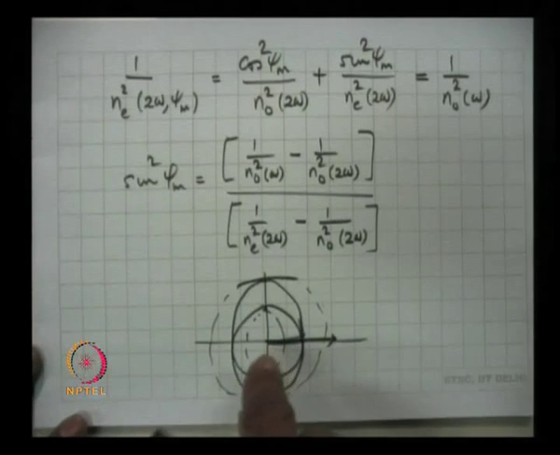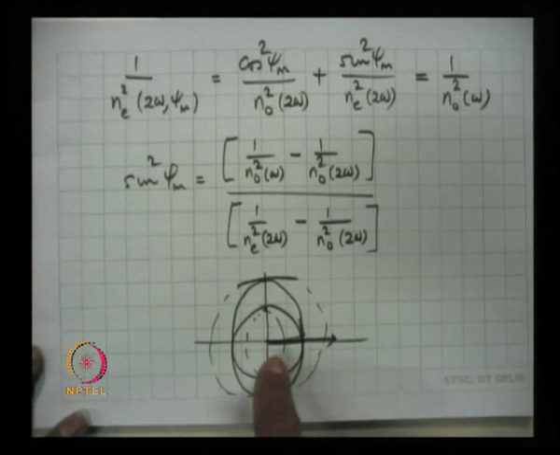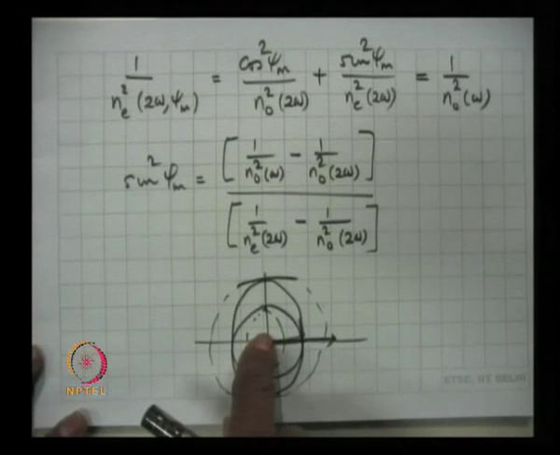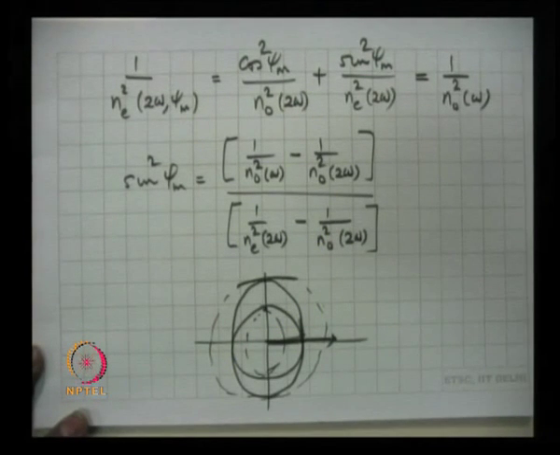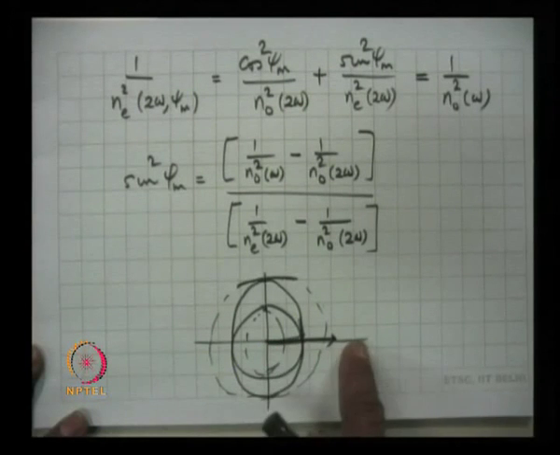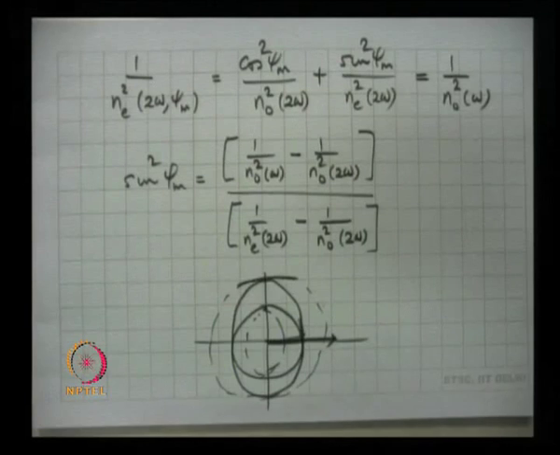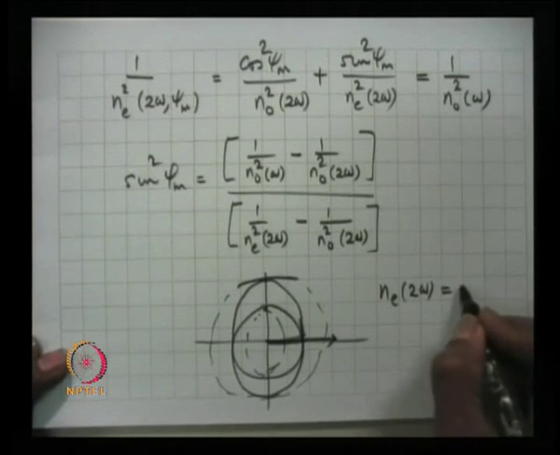I am still using birefringence, but here the omega and 2 omega waves are both propagating perpendicular to the optic axis. One is an ordinary wave, the other is an extraordinary wave. So, the omega frequency is an ordinary wave, the 2 omega frequency is an extraordinary wave, but the two refractive indices are equal. So, here is a situation where Ne of 2 omega becomes equal to No of omega.